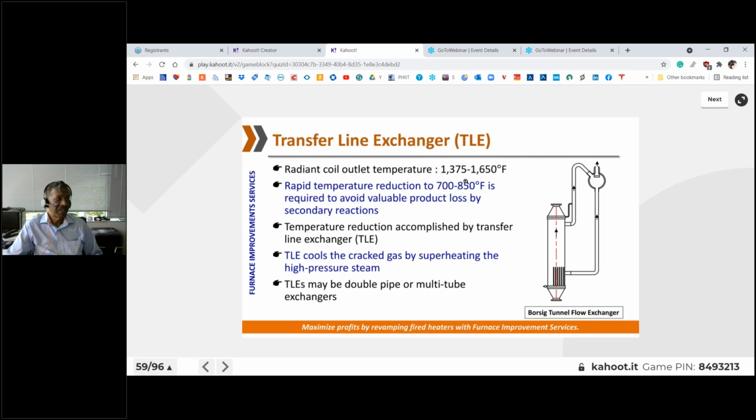The radiant coil outlet temperature could be anywhere between 1400 to 1650, and we cool it down to 700 to 850 to avoid product loss by secondary reactions, and that is accomplished in these transfer line exchangers.